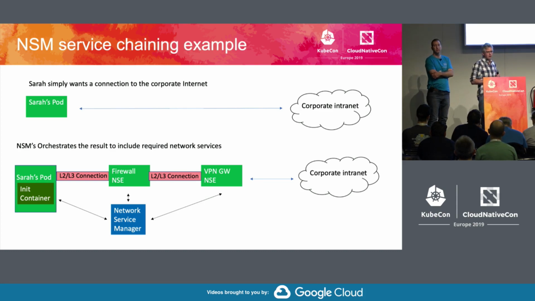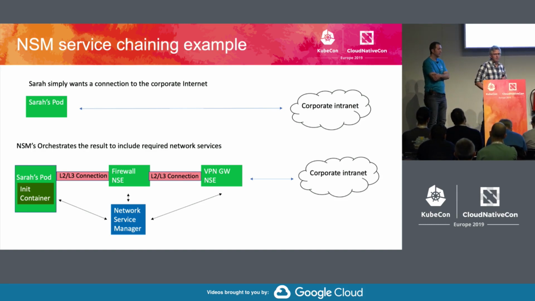But when her app or her service requests a connection, the network service mesh will orchestrate adding these other elements, like I show here, like a firewall or a VPN.